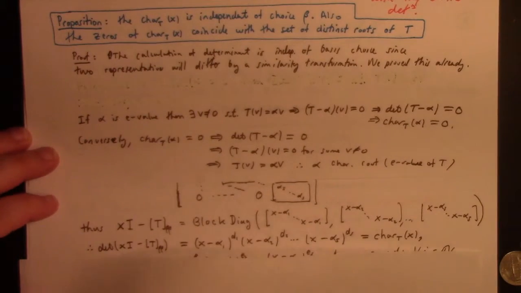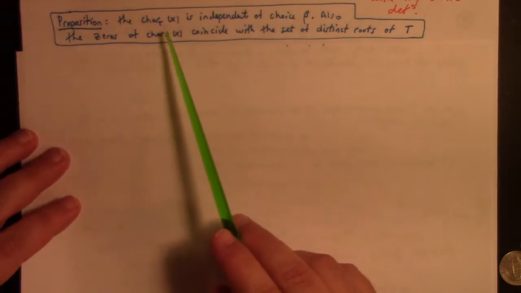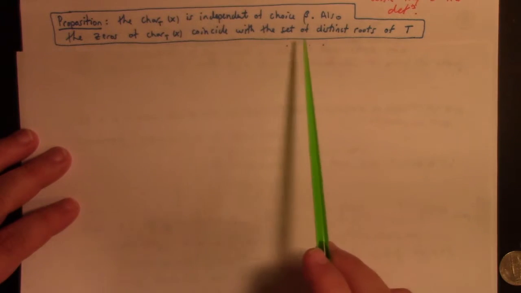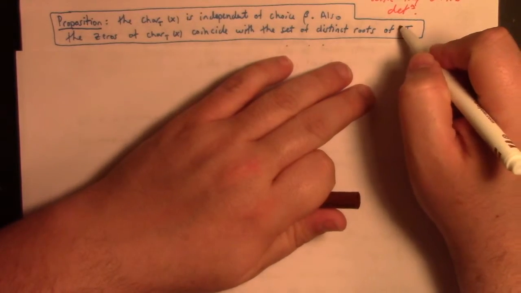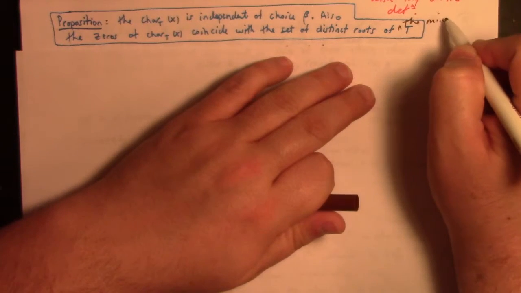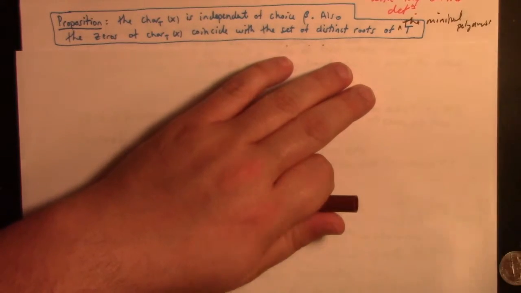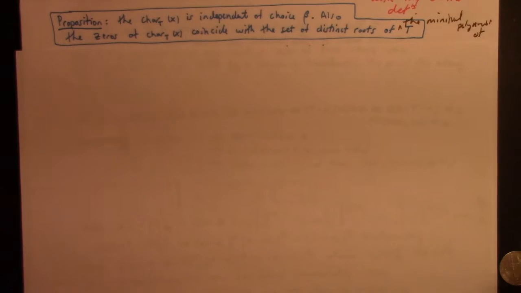And then this we've proved before, but let's prove it again. Proposition: the characteristic polynomial of T is independent of the choice of basis beta. Also, the zeros of the characteristic polynomial of T coincide with the set of distinct roots of the minimal polynomial of T. I'm not going to prove the independence of the choice of beta, we've already proved that before.